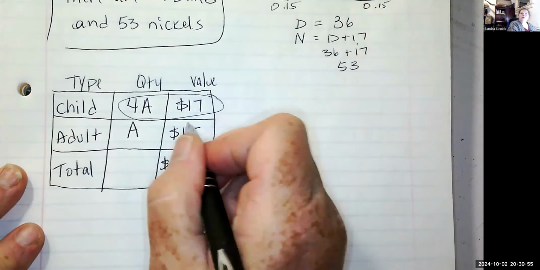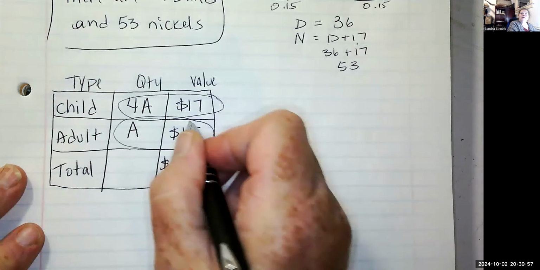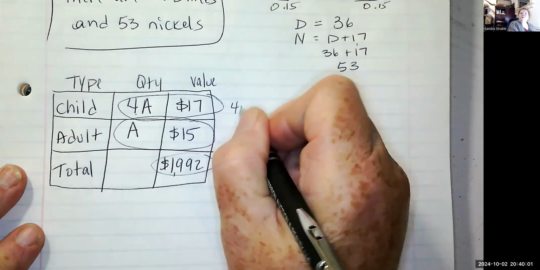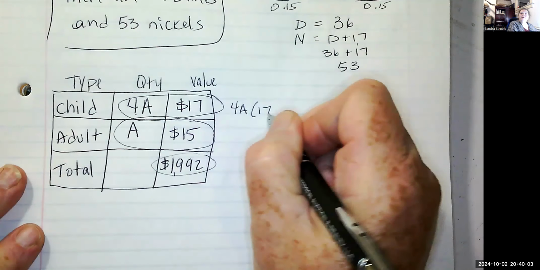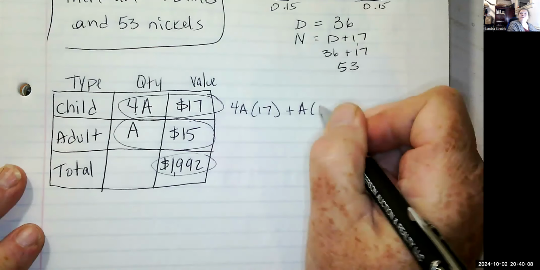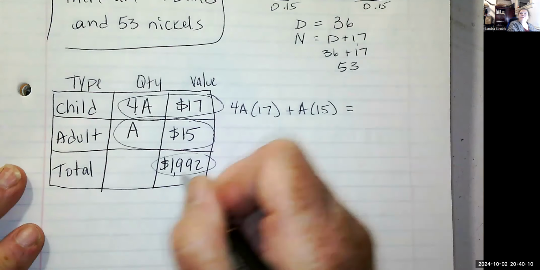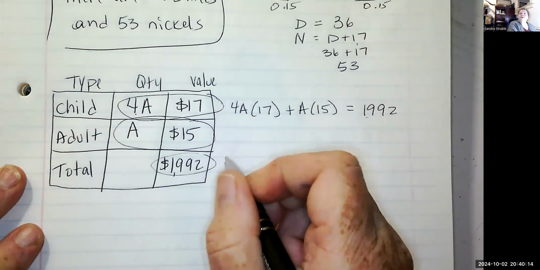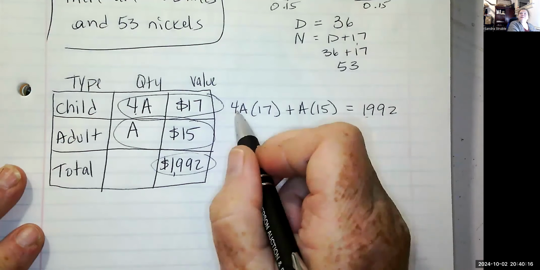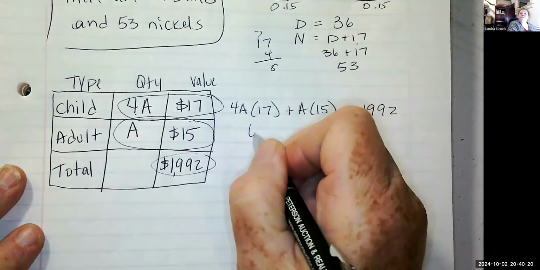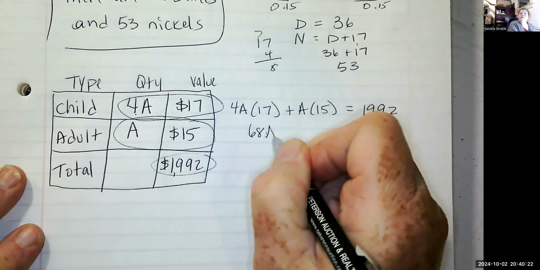Again, we need to multiply plus multiply equals this. So 4A times 17 plus A times 15 equals 1,992. We need to multiply 17 times 4, 68. Don't forget the A.